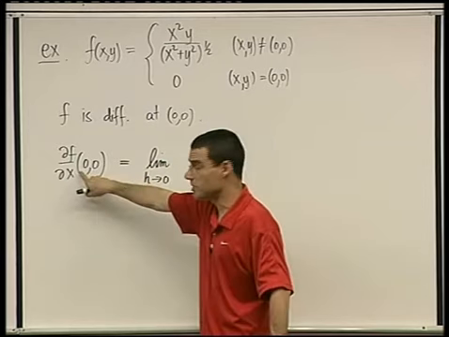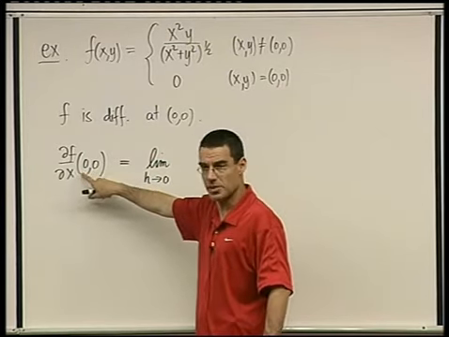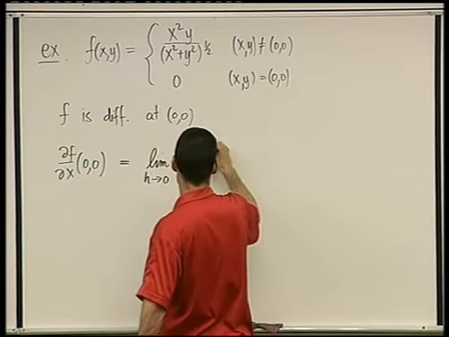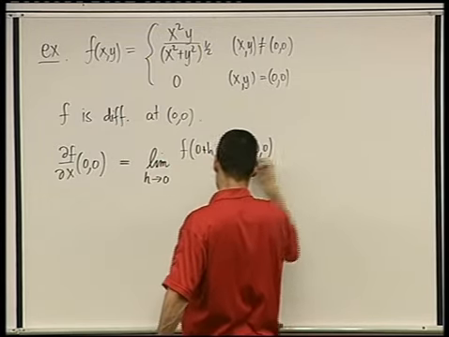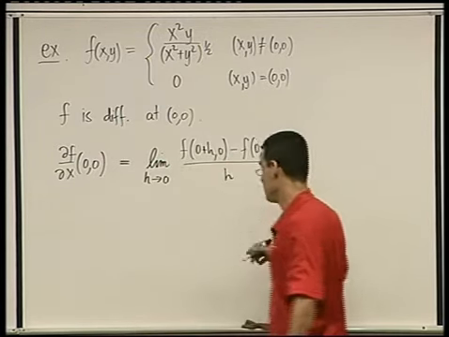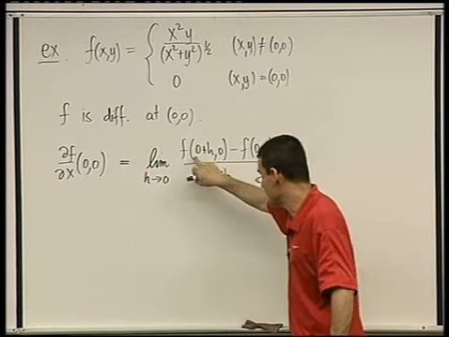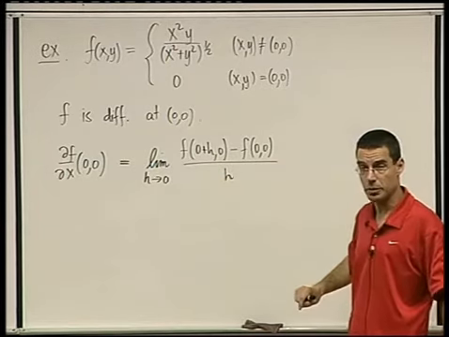But x0 is 0, right? So it's f at (0 plus h, 0). Let's do it in 2 steps: f at (0 plus h, 0), minus f at (0, 0), divided by h. Do you agree? That's just substituting zeros for x0 and y0, because we're calculating at (0, 0).